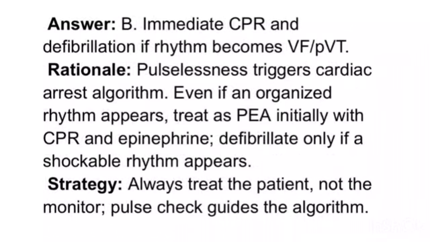Answer: B. Rationale: pulselessness triggers cardiac arrest algorithm. Even if an organized rhythm appears, treat as PEA initially with CPR and epinephrine, defibrillate only if a shockable rhythm appears. Strategy: always treat the patient, not the monitor, pulse check guides the algorithm.